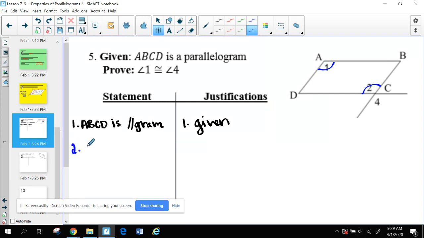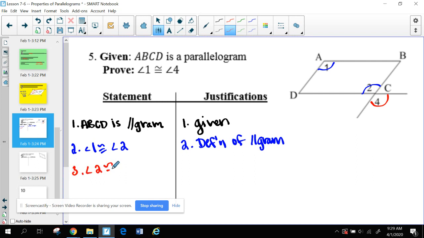So I'm going to go and say angle 1 is congruent to angle 2. That is going to be by the definition of a parallelogram. Then we go back to chapter 2 material. We know 2 and 4 are going to be congruent by vertical angle theorem.